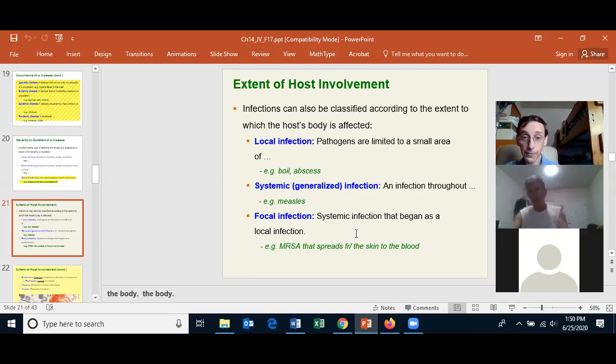A focal infection is a systemic infection that began as a local infection. So the case of Staphylococcus aureus starting as a boil and then spreading and infecting the blood, and then the blood carrying it to the rest of the body would be a focal infection.